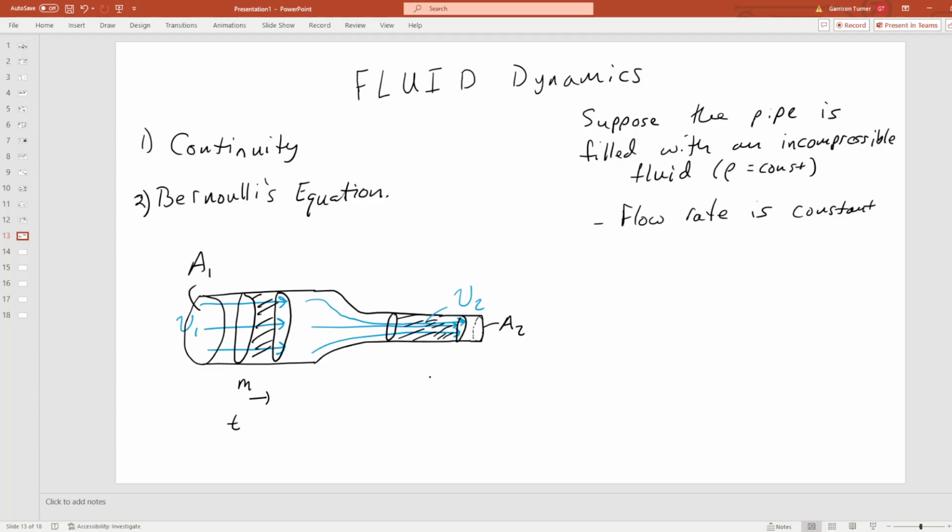Okay, so the flow rate is constant. Equal amounts of mass are flowing with equal rates.